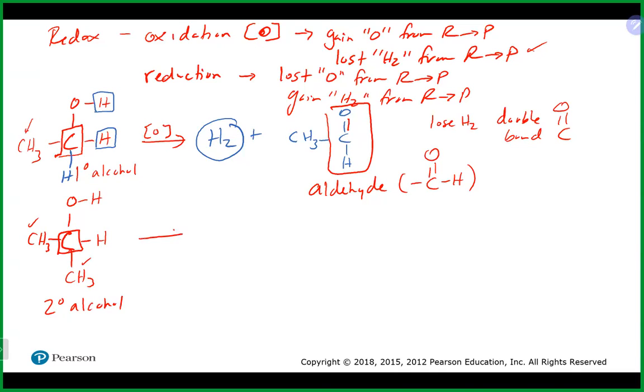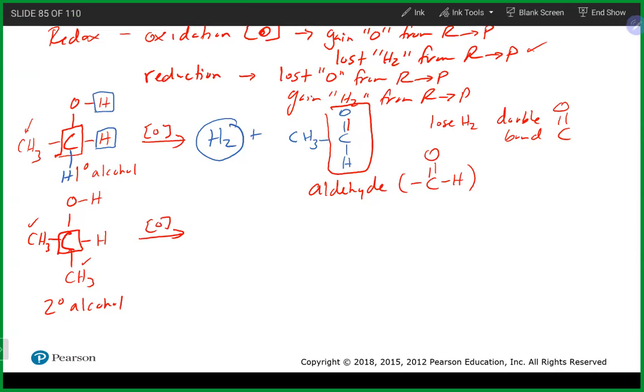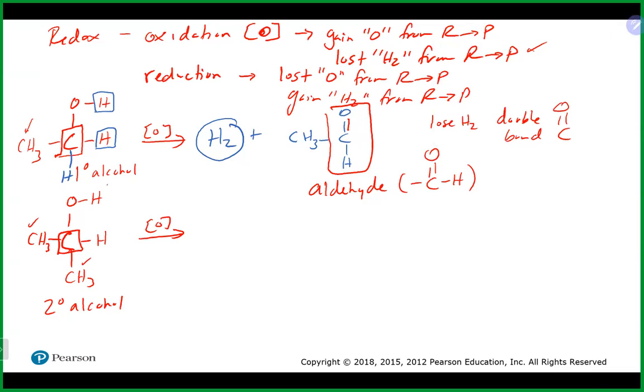So when it goes through its oxidation, just like above, all you have to remember is take away the hydrogens. So always one hydrogen from the oxygen and one hydrogen from that carbon that's attached to the OH group. That again is going to give us our loss of hydrogen, which is again the oxidation part of this.